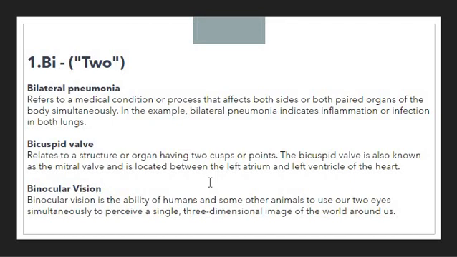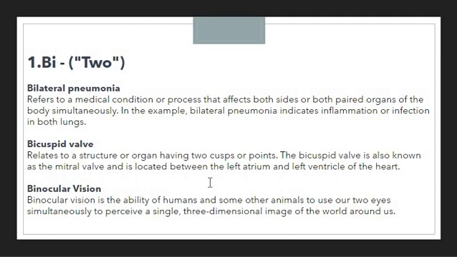Next is binocular vision. I think this is something you have heard most of the time. This is a very popular term. Binocular vision is the ability of humans and some other animals to use their two eyes simultaneously to perceive a single three-dimensional image of the world around us.